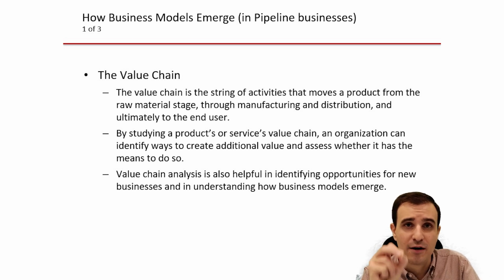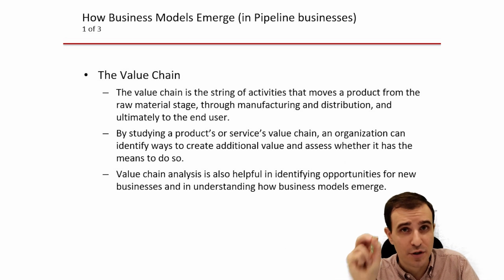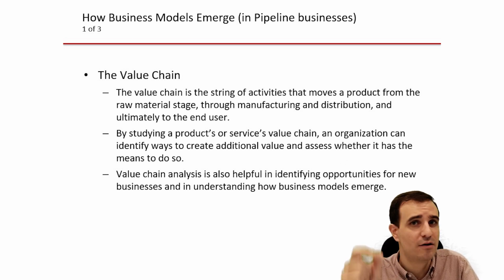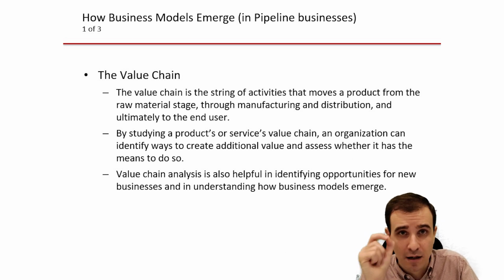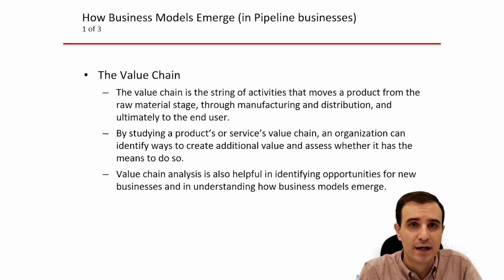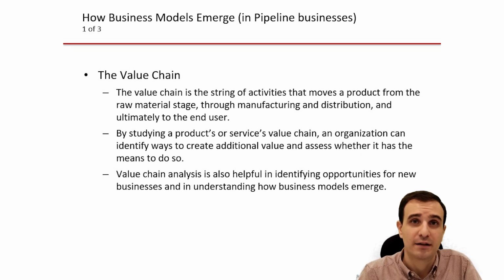You can do a value chain analysis of a consumer electronics producer. You can't do a value chain analysis of a platform. You can't do a value chain analysis of Amazon or Alibaba or Lazada or Uber or Airbnb because they are not pipeline business models. So this is a very important key learning outcome to take home.